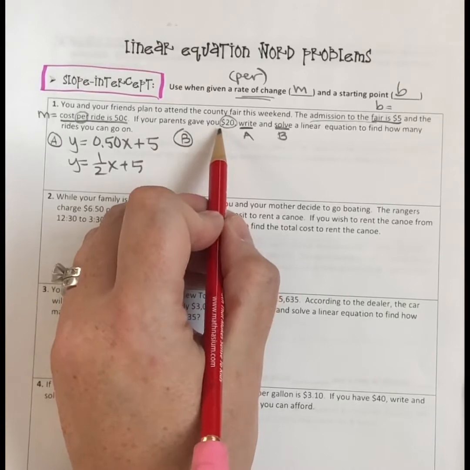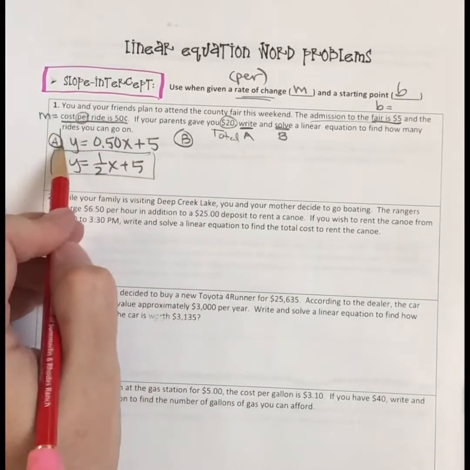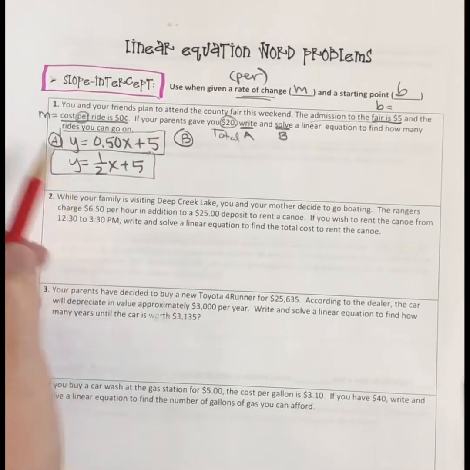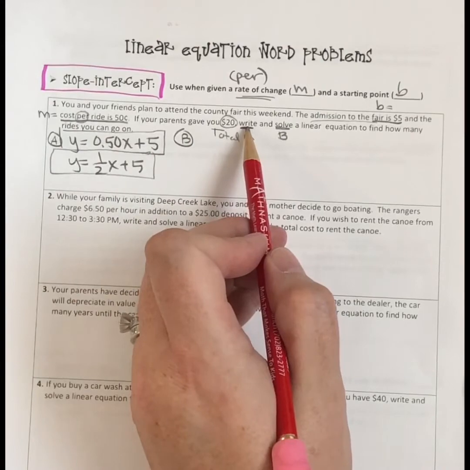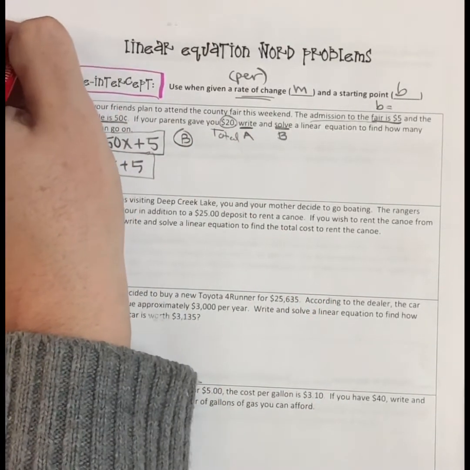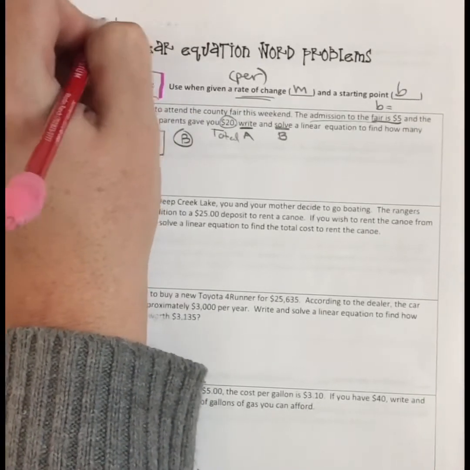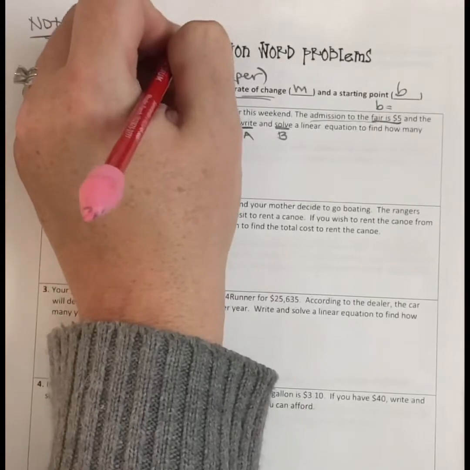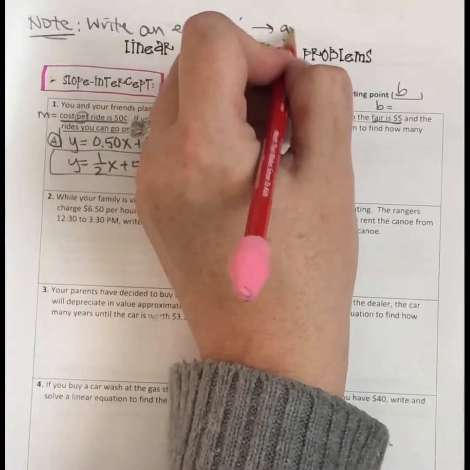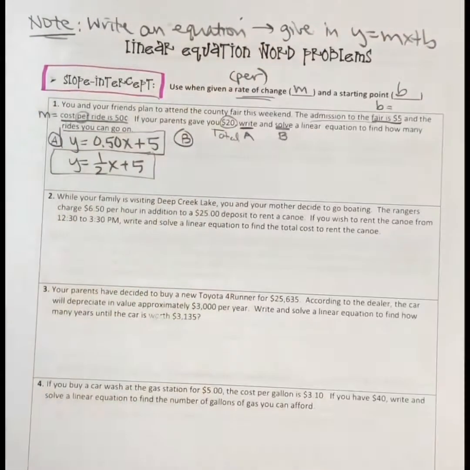Either one of these is the answer for part A. When you write the equation, it's going to be in y equals mx plus b. In fact, let's write that down. Just note, when they say write an equation, you want to give it in y equals mx plus b.